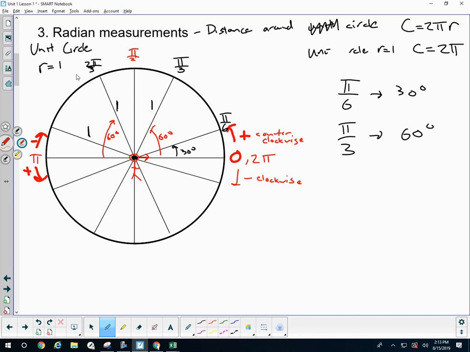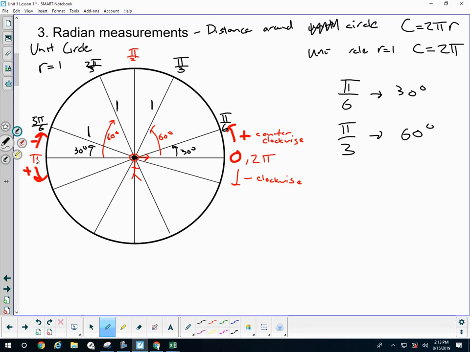If I add another pi over 6, I'll get to 5 pi over 6. This is 4 pi over 6, 5 pi over 6. Well, let's see, I got 90, 120, 150. So 150 is only 30 degrees away from 180. So this is just 30 degrees, and it is important to know that. I get to pi, that's 6 pi over 6, 180 degrees.